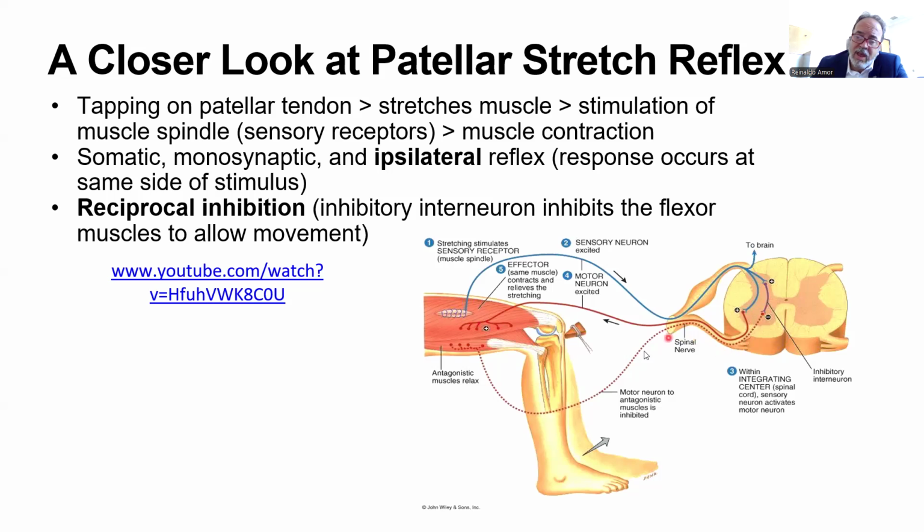So it's going to inhibit the hamstring muscles so that you can extend your leg. This is called reciprocal inhibition, by inhibiting the antagonist muscles here. Okay, so again, this is a type of reflex that happens on the same side of the body, so it's ipsilateral. The response occurs at the same side of the stimulus.